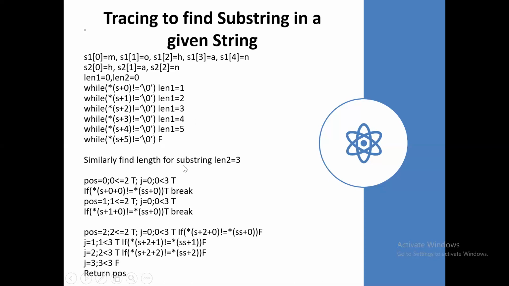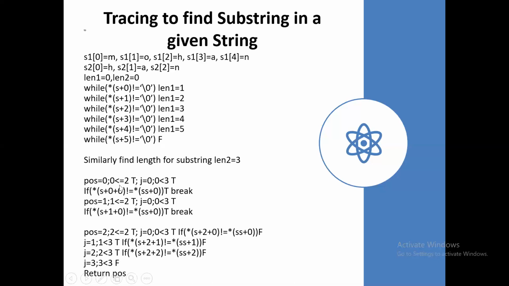Similarly, you are going to find the length for the substring HAN; length 2 is 3. Whatever way we proceeded here, the same thing you write here. Now what's my duty? First, position is assigned 0, and 0 is less than or equal to length 1 minus length 2.